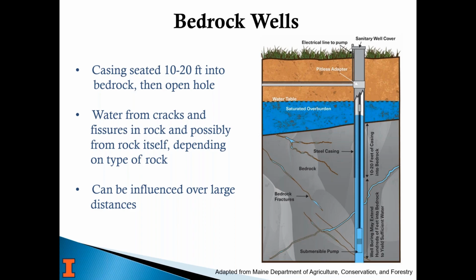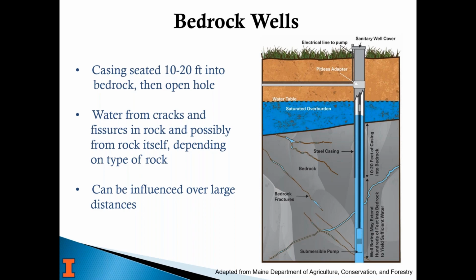And also, there's no way to know where those fractures actually go. We don't have that kind of capability. And so there's always a chance that it goes back towards the surface, or some other fracture it connects to that may go to the surface. That could be a problem.